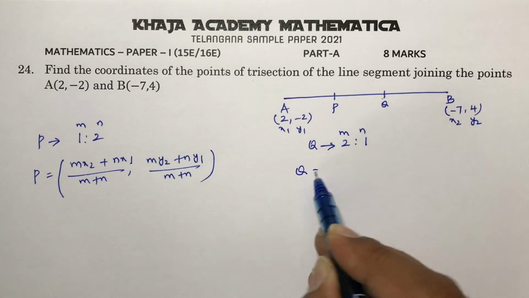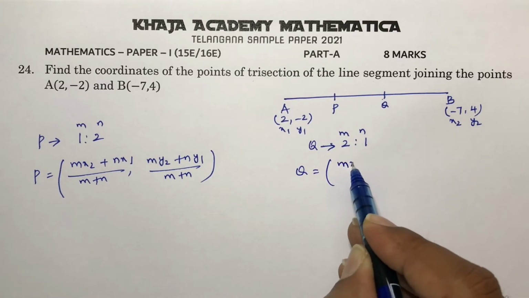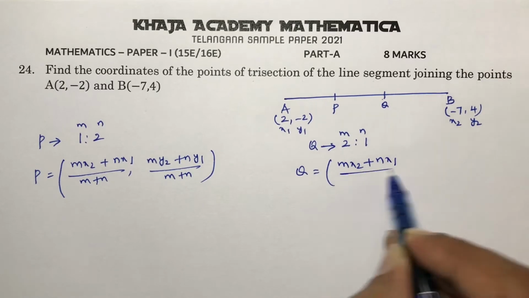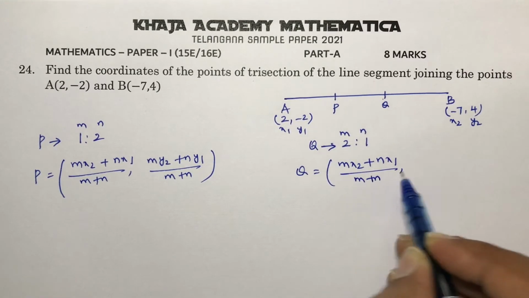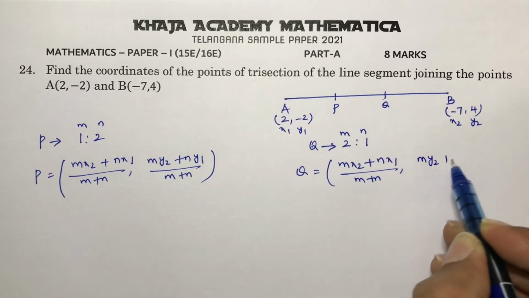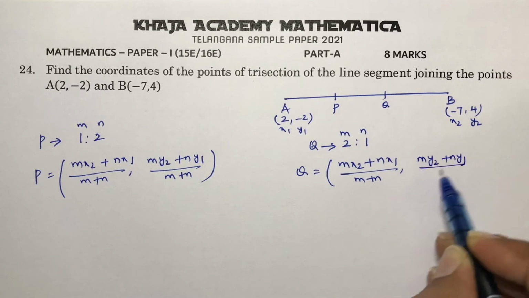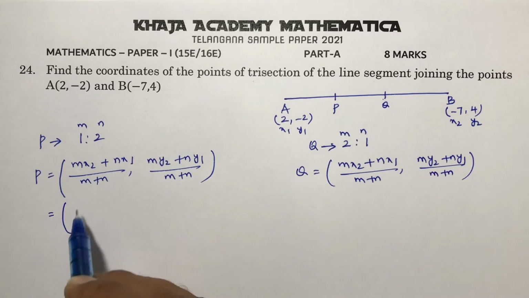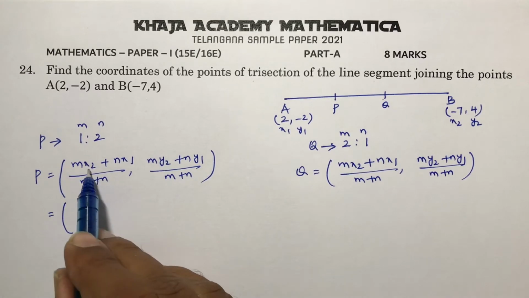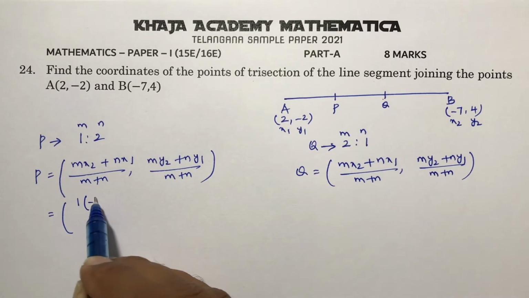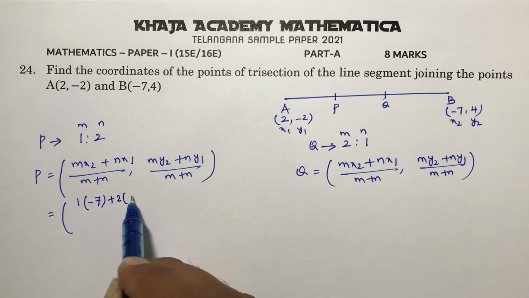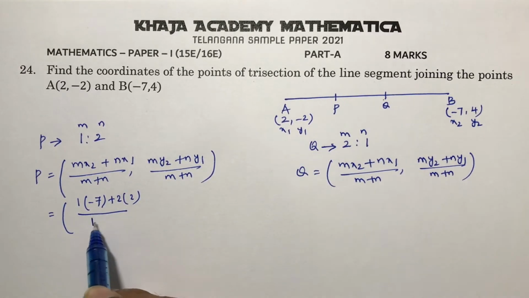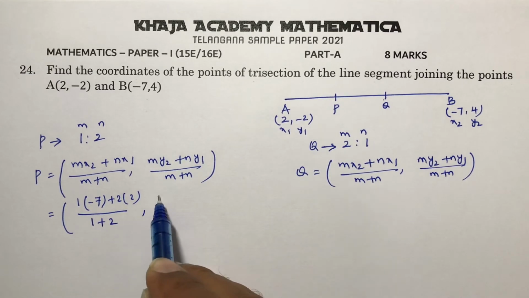To find Q also, the same section formula, we call it the ratio formula: (mx2 plus nx1) by (m plus n), (my2 plus ny1) by (m plus n). Here m is 1, x2 is -7, n is 2, x1 is 2, by m plus n.